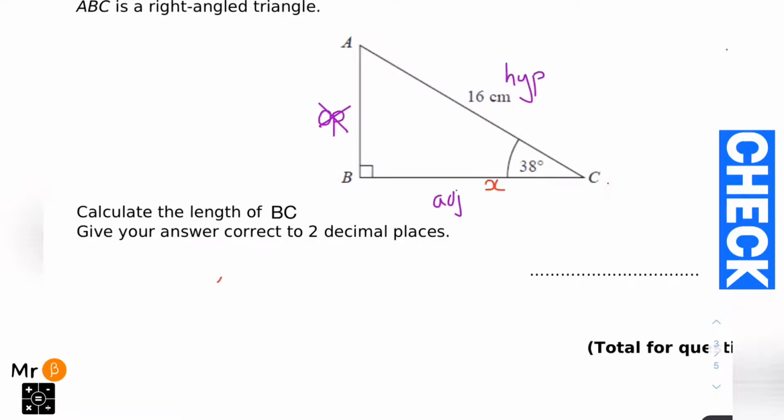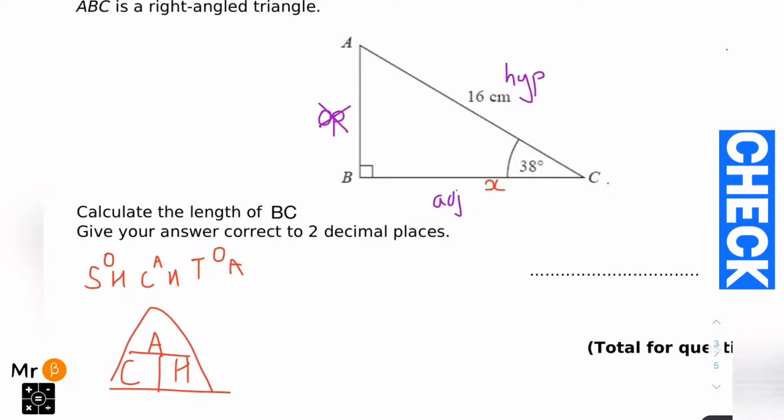Write down your magic word. Select the correct triangle. This time we're using A and H, so it's going to be our middle triangle with the K formula. Then sub in the values you know and work out the answer.